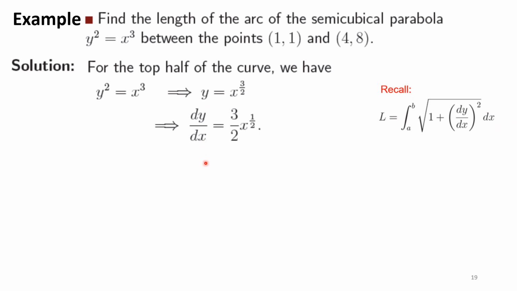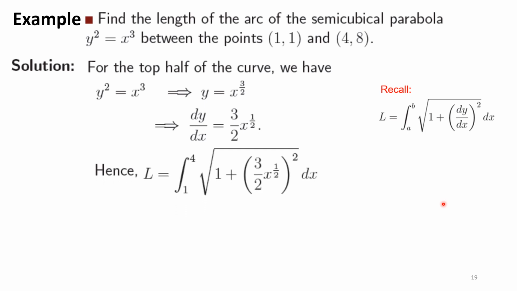We now have our dy/dx, so just plug in those values. X is from 1 to 4, so you have the integral from 1 to 4 of the square root of 1 plus 3 over 2 x to the 1/2, squared.